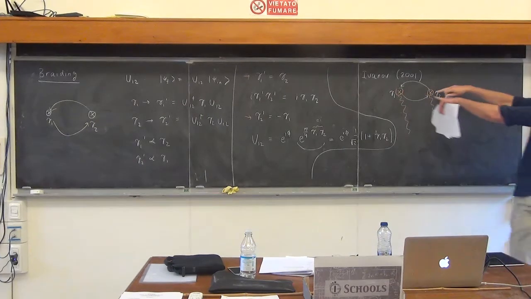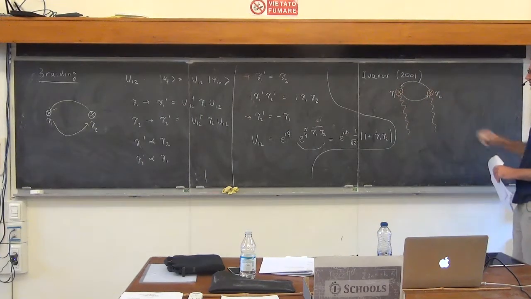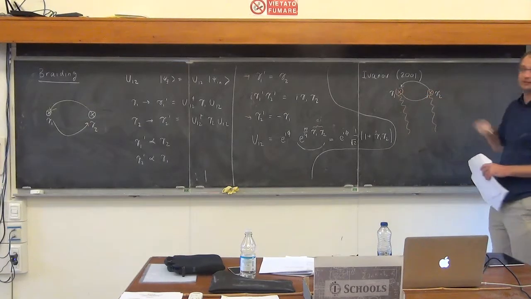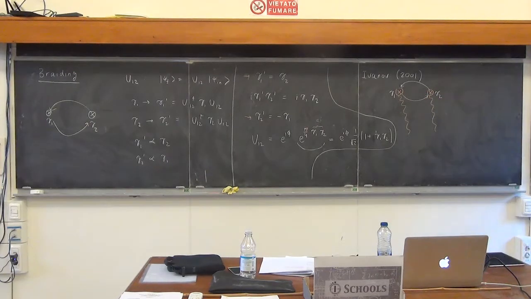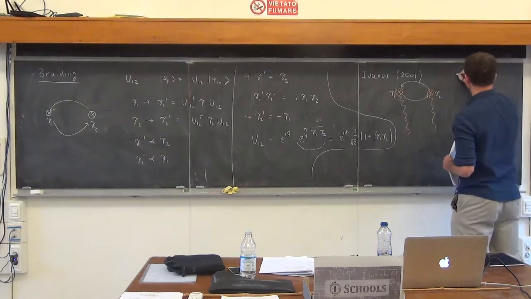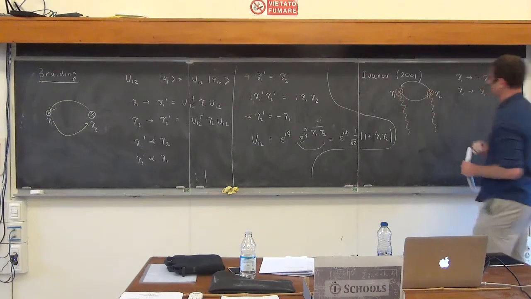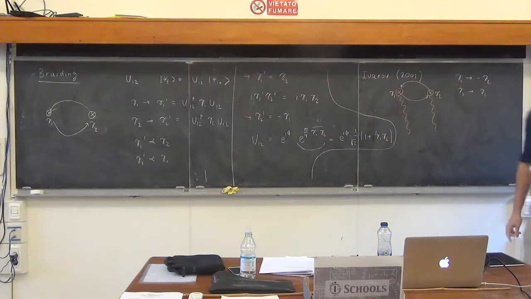If you follow through what happens during this process, you'll find that gamma 1 has to cross the branch cut of gamma 2, but not the other way. So this would tell you that gamma 1 goes to minus gamma 2, and gamma 2 goes to gamma 1. That's opposite in sign from what I had there, and it would be the same sign if I did the gauge the other way.